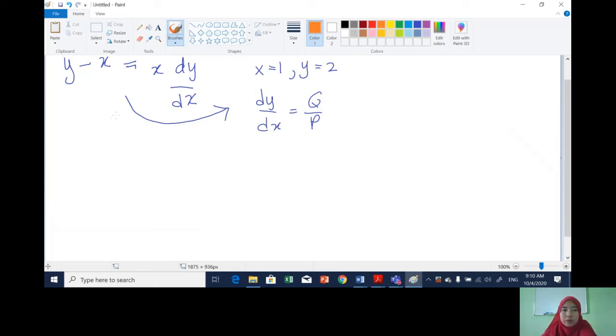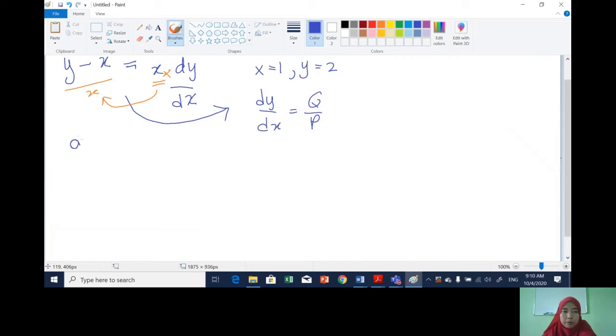So how do we transform? Let's look at this. The x is multiplied, so when we bring x to the other side, it must be divided.